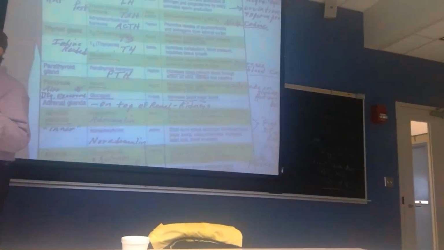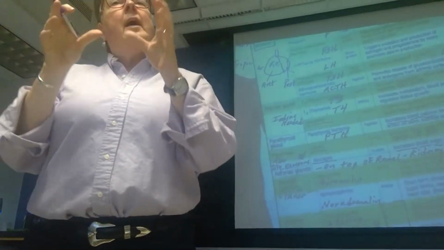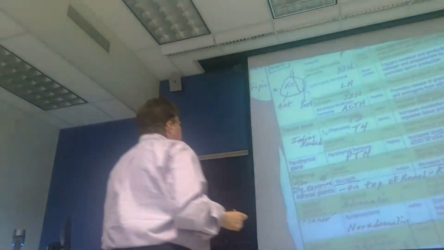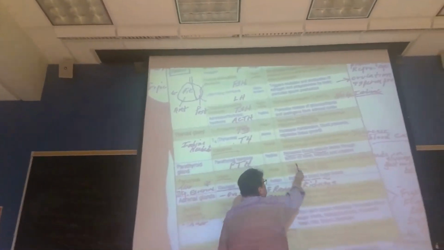Decreases blood calcium. Do you know what that means? That means that if you've got too much calcium in your blood, and too much of anything is bad too, okay? So too much calcium in the blood, it then shoots it to the bones for storage. But then there's another one called parathyroid hormone, which increases blood calcium.